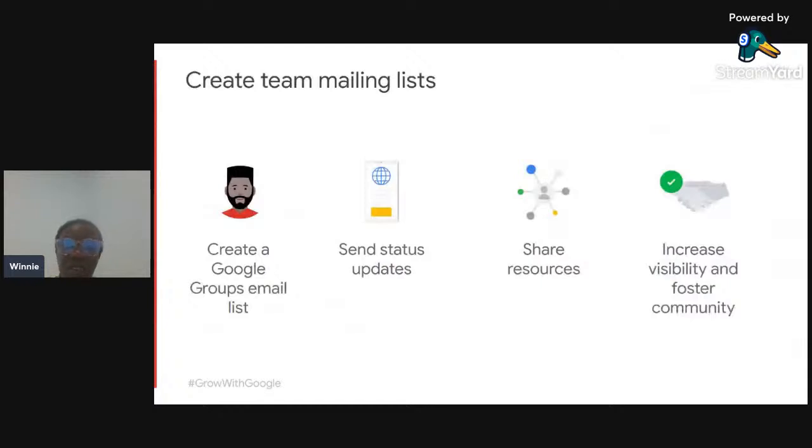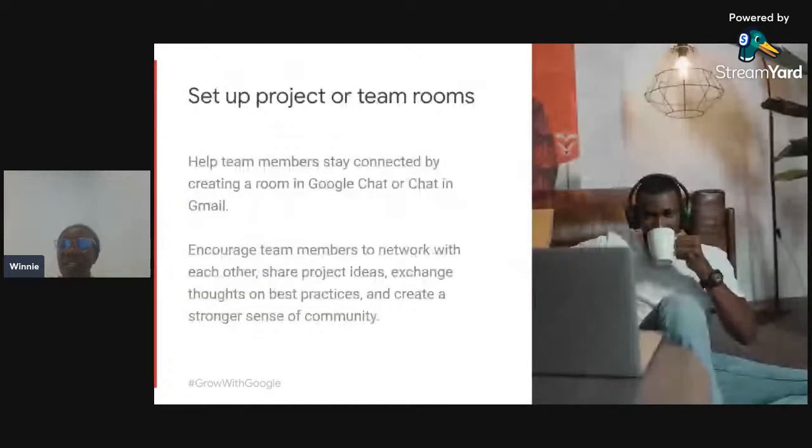And lastly, on your projects and teams, you could create rooms by using Google Chat or Google Currents, just to foster that community. Share your ideas there, share your best practices there, just to give us a sense of community. I feel when Corona came, that's one thing it really took from us, that sense of community.